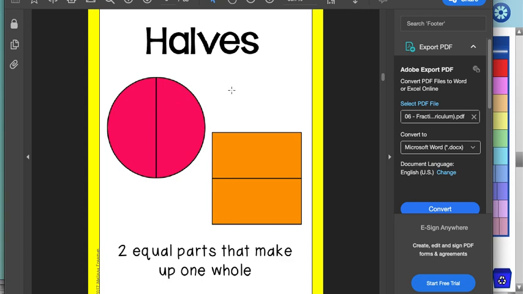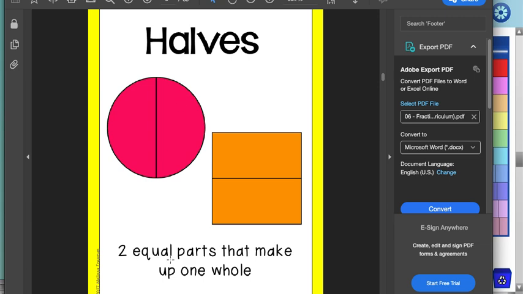And if you remember when we talked about symmetry, it means both sides are exactly the same size and shape, okay?